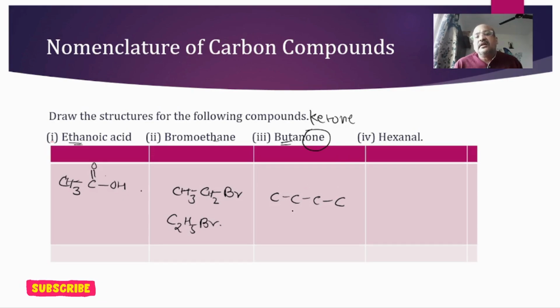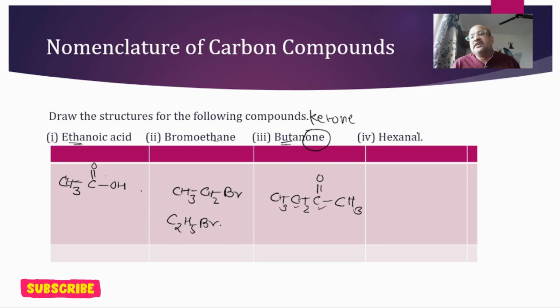It can come on this carbon or this carbon. So this is my functional group ketone which has come. Now just satisfy the tetravalency of carbon 1, 2, 3, 4. So no hydrogen here. So 1, 2, and this is 3, 4. And here you see, so this is butanone.